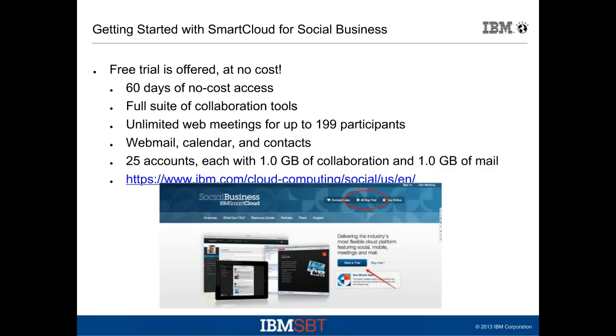And this is offered by IBM today at no cost. And the current conditions is that it's a fully functional instance for your development, well, for your organization here. And it's 60 days at no cost.